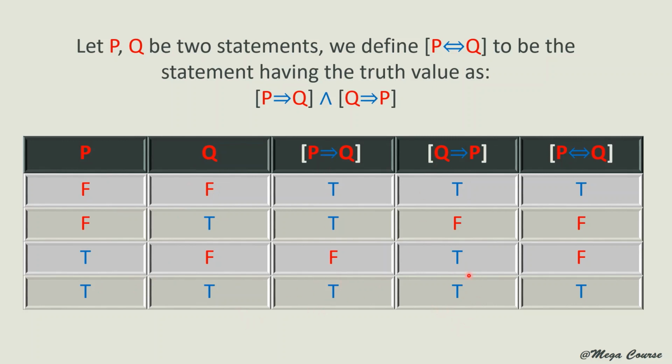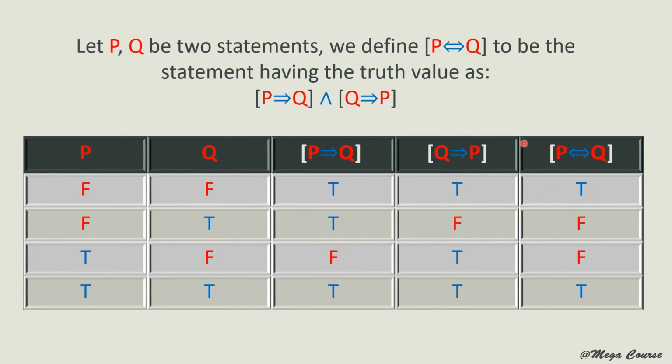Now let's see equivalent. We said that P equivalent to Q is the intersection between P implies Q and Q implies P. Let's see, we will use this part of the table. Whenever P implies Q is true and Q implies P is true, P equivalent to Q is true. Whenever P implies Q is true and Q implies P is false, P equivalent to Q is false.